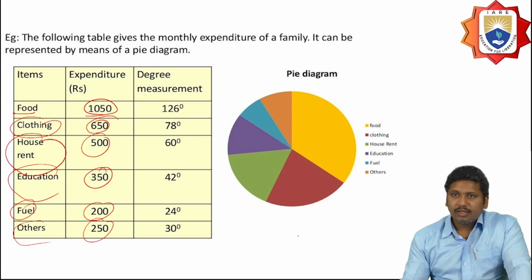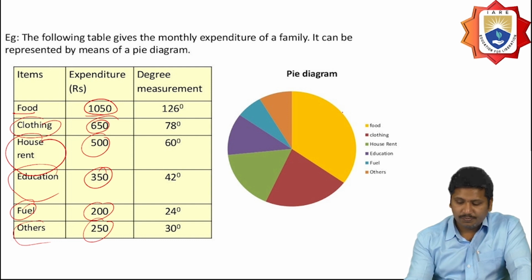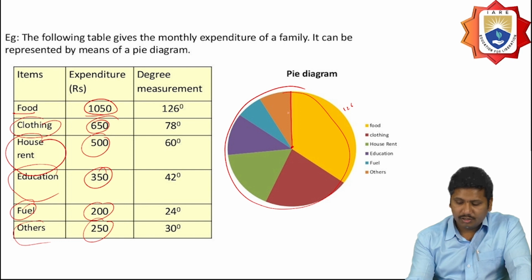The pie diagram makes the picture very clear. I can identify what is the most expensive and what is the least expensive I am spending, and that should be identified very clearly. So this is the food. It should be 126 degrees. Make a circle first, then make a radius, and then draw the circle.